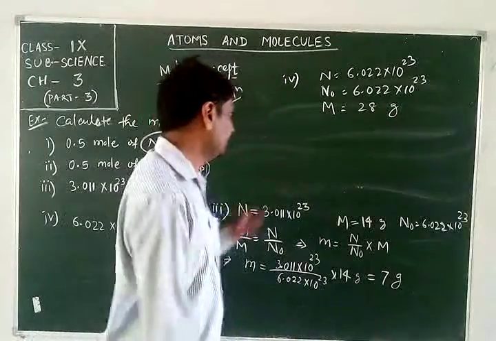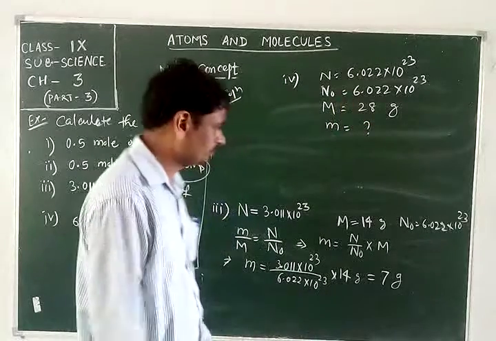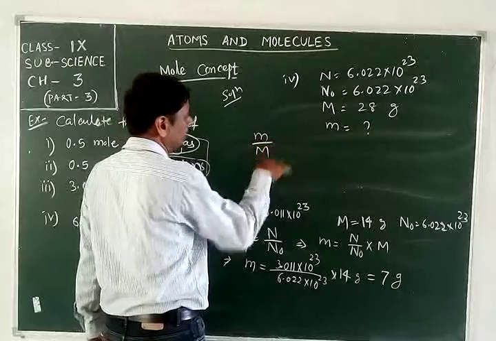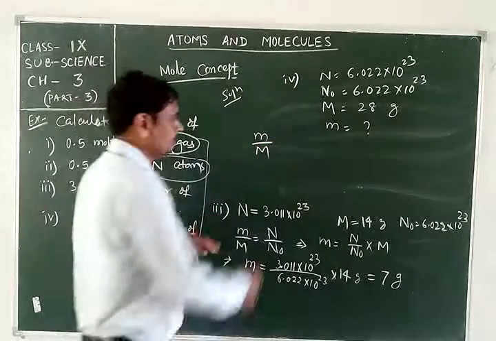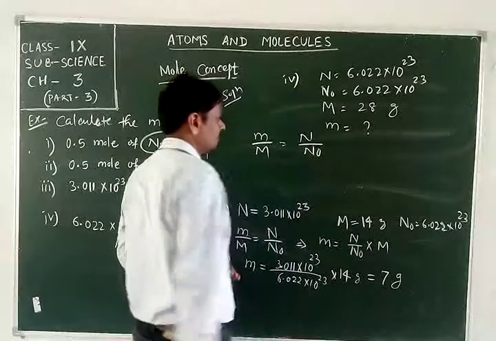Now we have to find the mass of this nitrogen molecule. We know m by M, that is mass by molar mass, is equal to given number of particles by Avogadro's number.